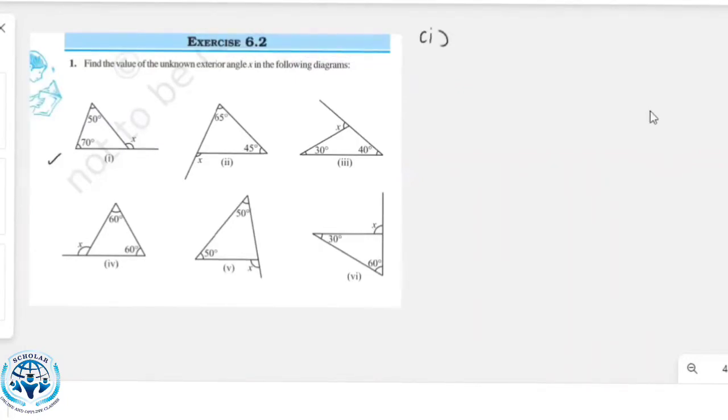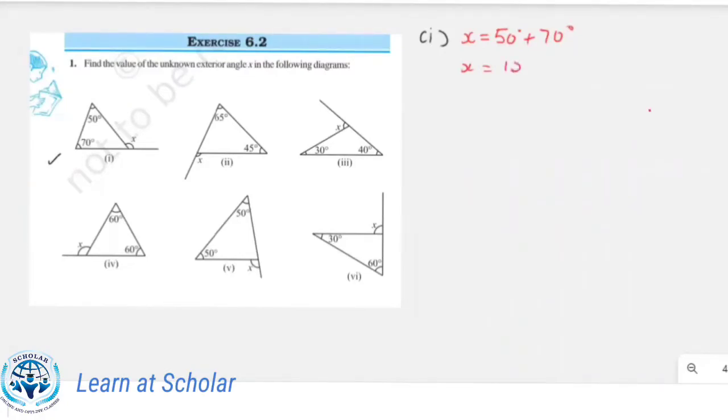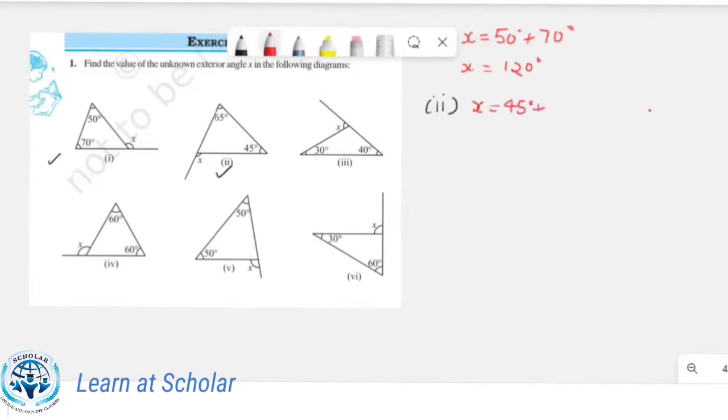The first question is find the value of the unknown exterior angle in the following diagram. They are very easy. If you know the formula that the exterior angle is the sum of the opposite interior angles, you will add the interior angles and you will get the sum as the measurement of the exterior angle. The first one is solved. The second one, the unknown angle is x, that means the exterior angle is x.